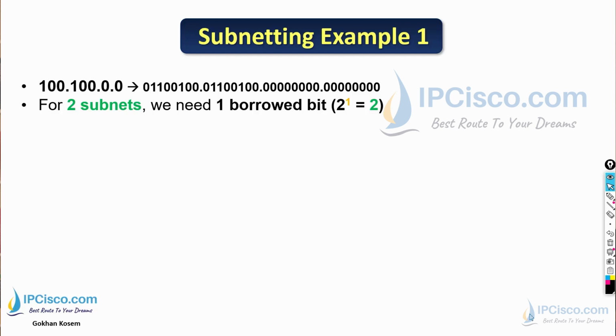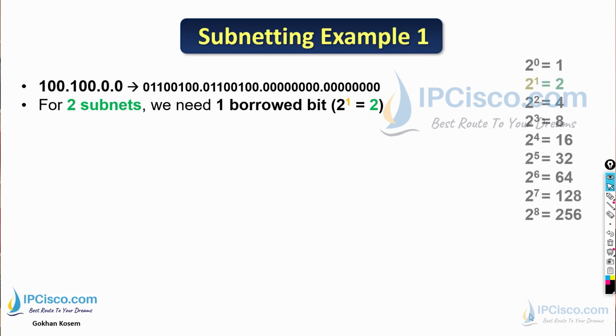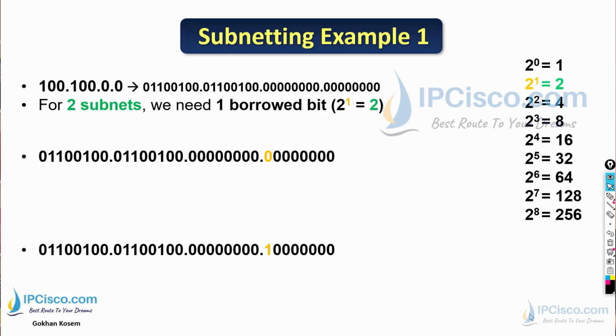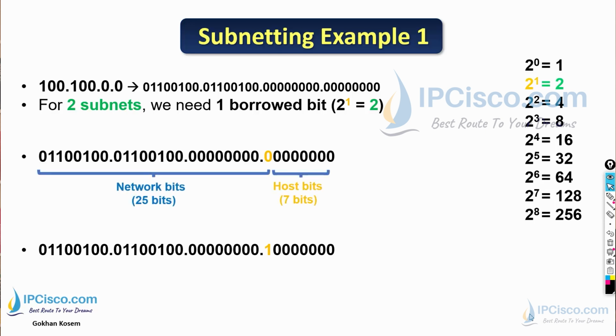So we need one borrowed bit. With one borrowed bit, we will have two different subnets. The first subnet will begin with 0 and the second will be 1. Here the network bits will be 25 bits and the host bits will be 7 bits.